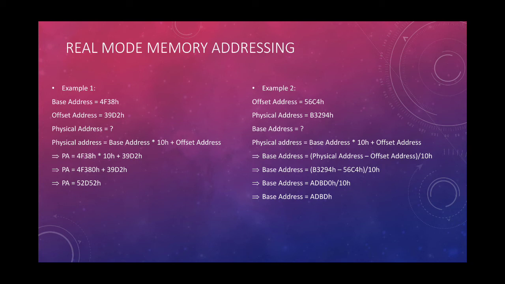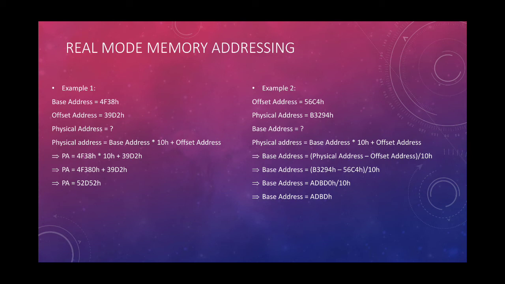So 4F38H is multiplied by 10h. Then the offset address 39D2 hex is added. As a result, we have the physical address 52D52H. In example 2, the offset address is given as 56C4 hex, and we have the physical address B3294H.